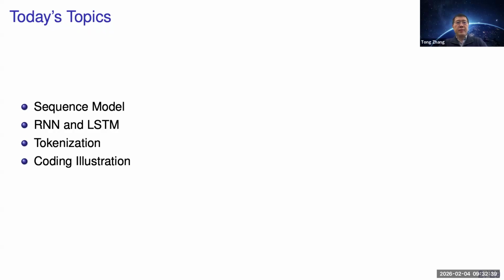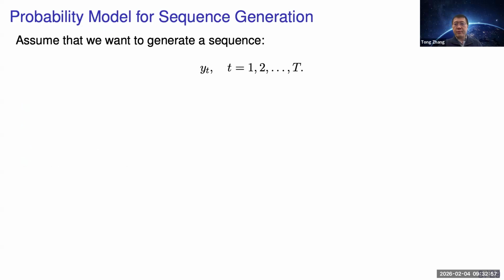Again, we will look at coding illustrations, and you will do similar coding in the homework for this. Anyway, that's what we are going to do today. Okay, so let's move on.